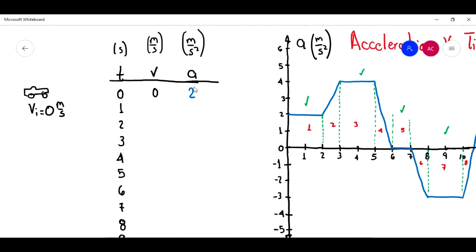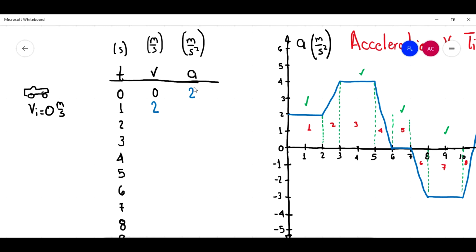That means that every second the car is going to increase 2 meters per second. So in the first second, now the velocity is 2 meters per second, because the acceleration is the change in velocity.